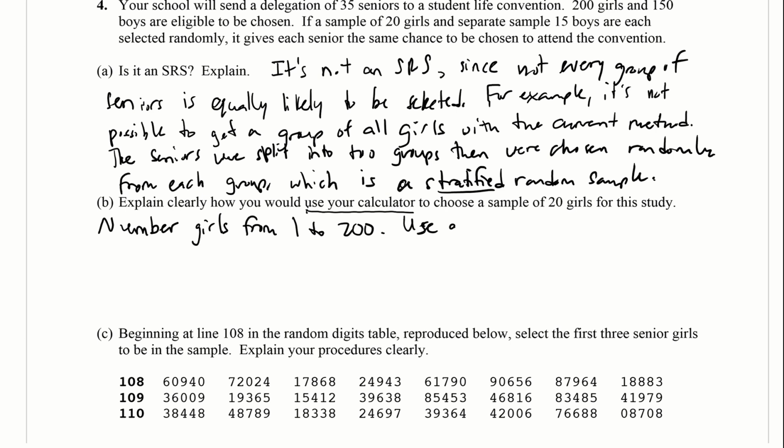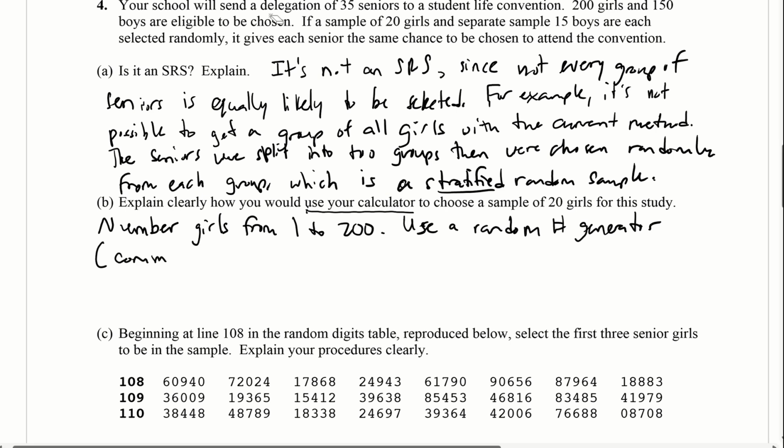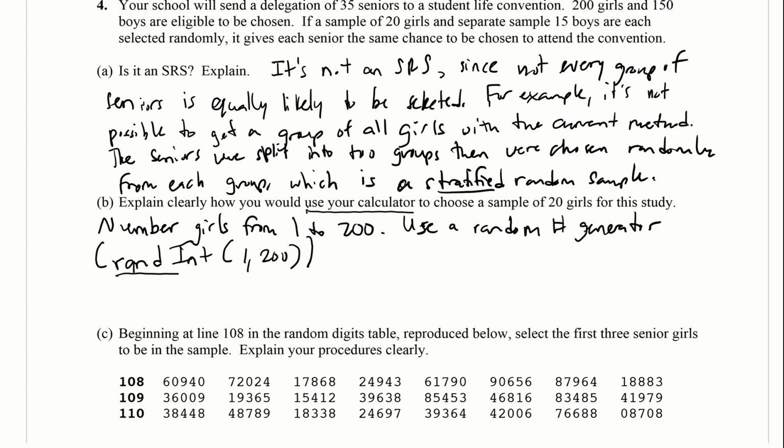Use a random number generator, and I'm going to put in parentheses for the calculator, you use the command randInt(1, 200). So this is on the calculator, right? Use that command, so that way you know what that command is. I'm going to underline that.